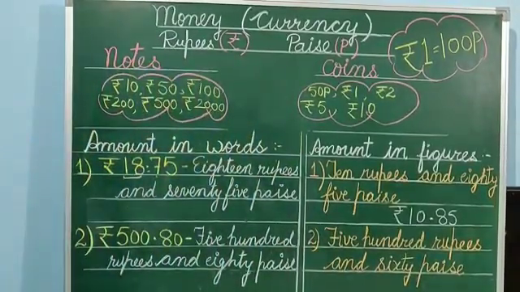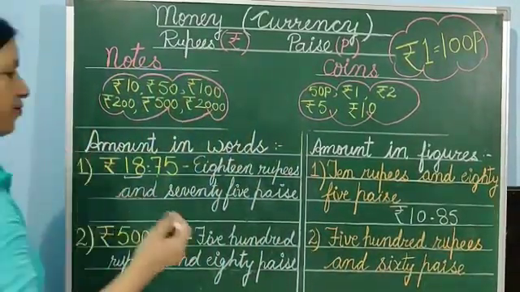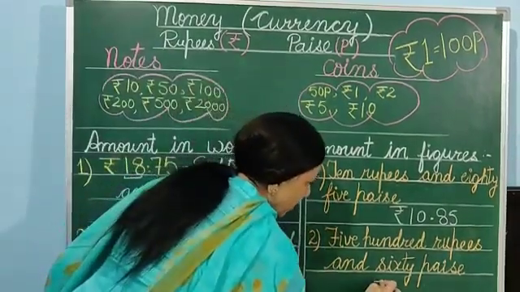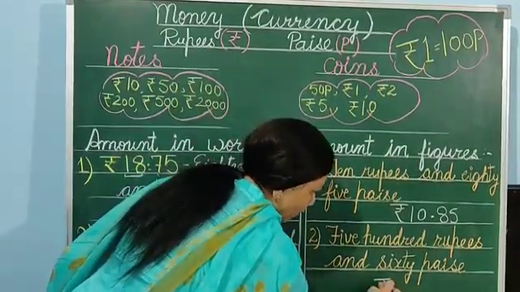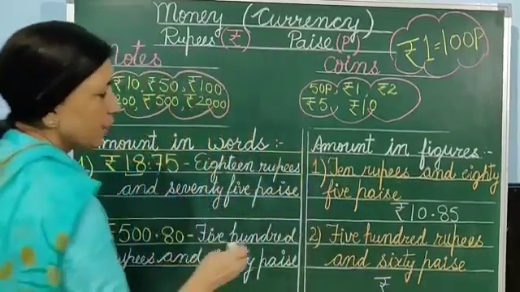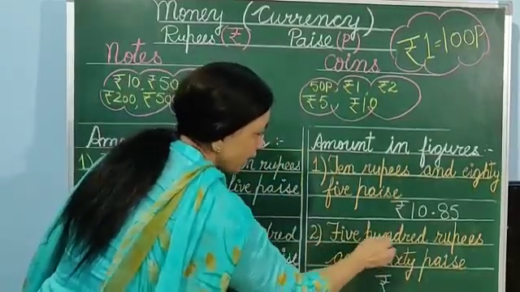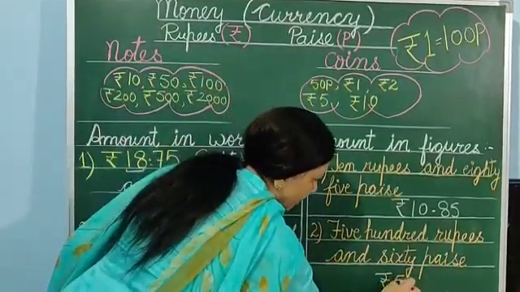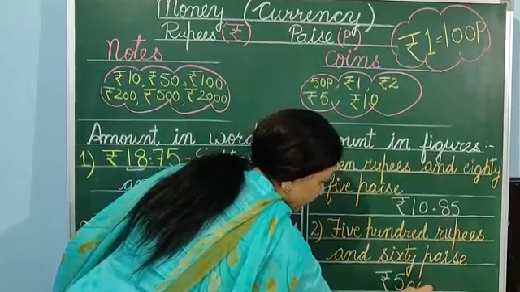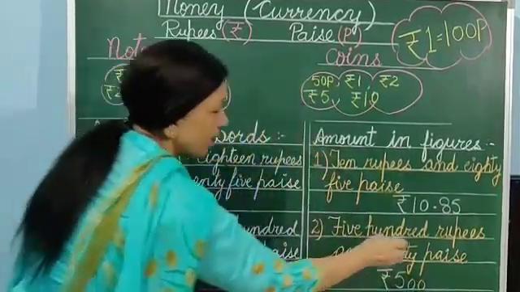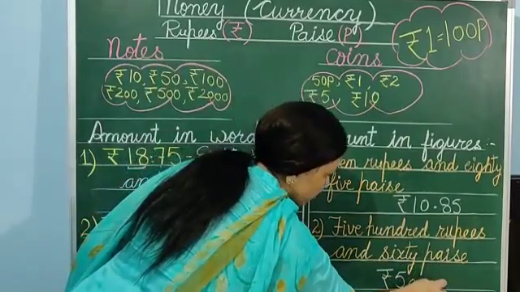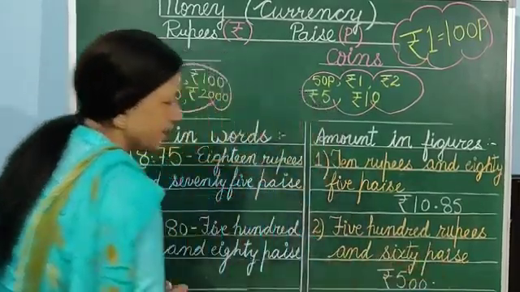Now second sum is 500 rupees and 60 paise. Again write down the symbol of rupee. Now how many rupees are there? 500. Write down 500. Now in place of paise put dot. This is called point.